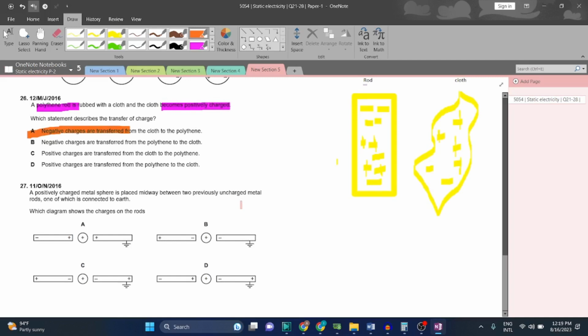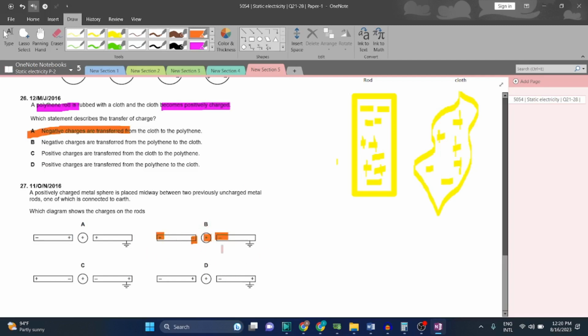Question 27. A positively charged metal sphere is placed midway between two previously uncharged metal rods, one of which is connected to Earth. Which diagram shows the charges on the rod? Firstly, let's look at A. In A, we are shown that positive is attracted to positive, which is not right. In B, we are shown that positive is attracted to negative, okay?